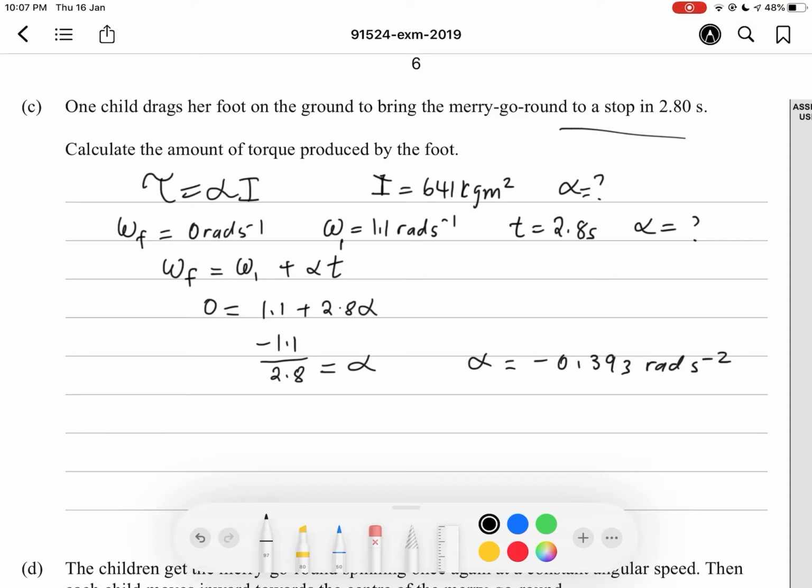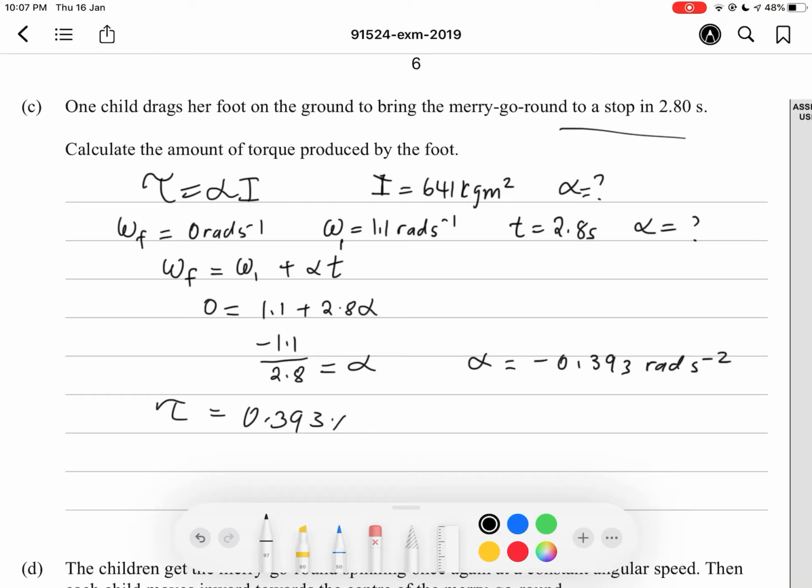So now we have our angular acceleration. We can use torque equals angular acceleration times rotational inertia, and we can use the positive value because the negative is just representative of the direction.